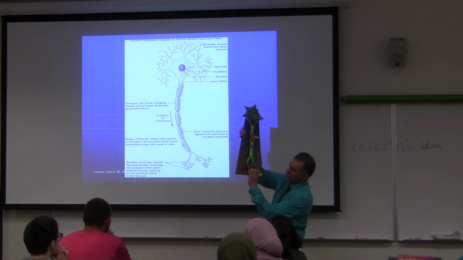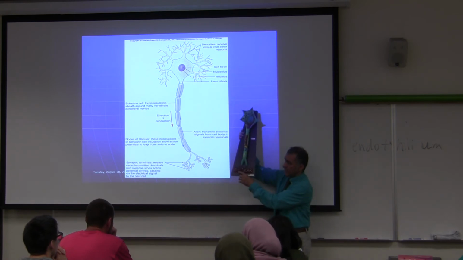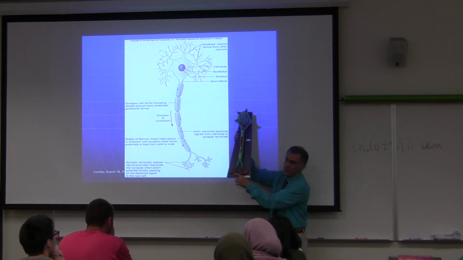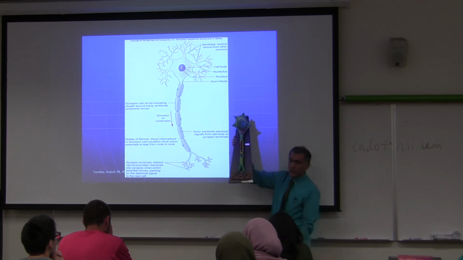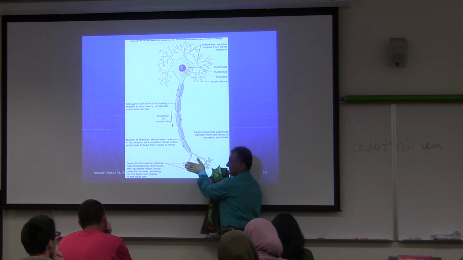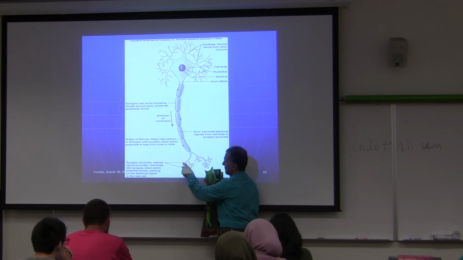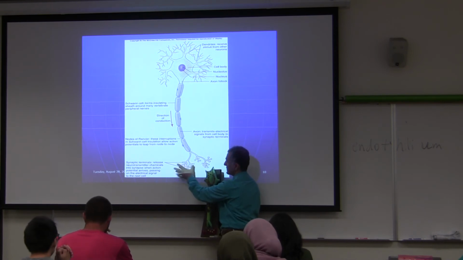Okay? And underneath, this is the muscle, skeletal muscle in this case. It could be smooth muscle, it could be a gland, or it could be another neuron. This is the end of a neuron. They call it axon knob or terminal, different texts call it different things.